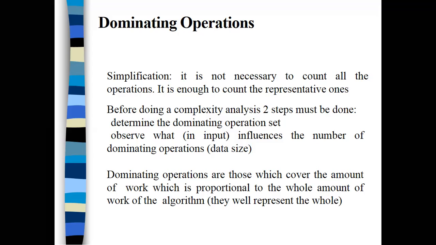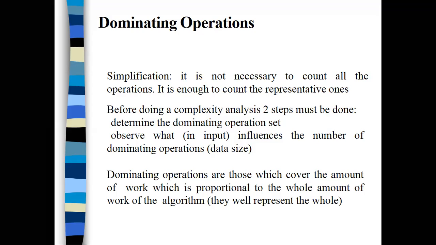So first we have to determine which those operations are, and then we have to observe which input, or what type of input, has influence on the number of those dominating operators or data size. Dominating operators are those which cover the amount of work which is proportional to the whole amount of work of the algorithm.